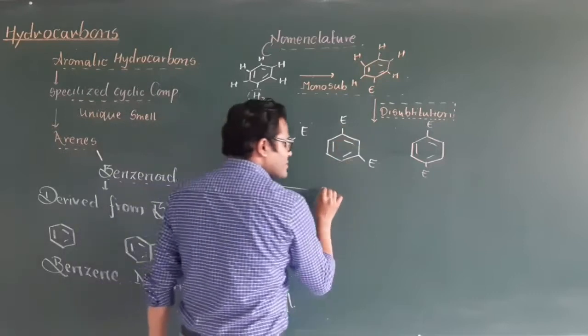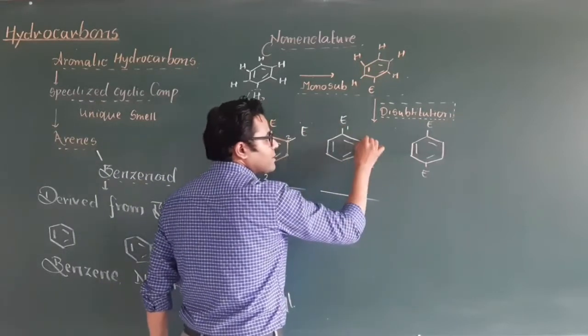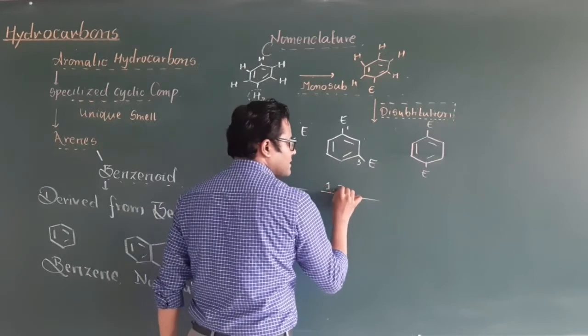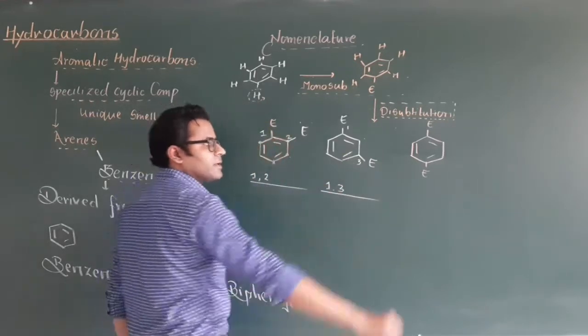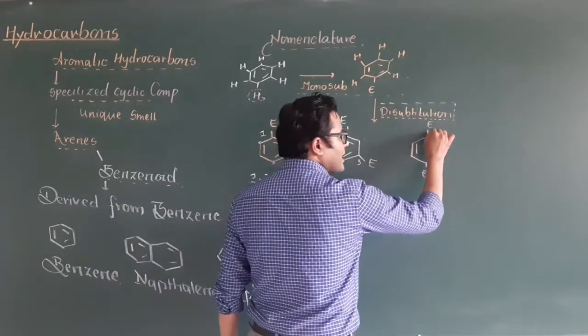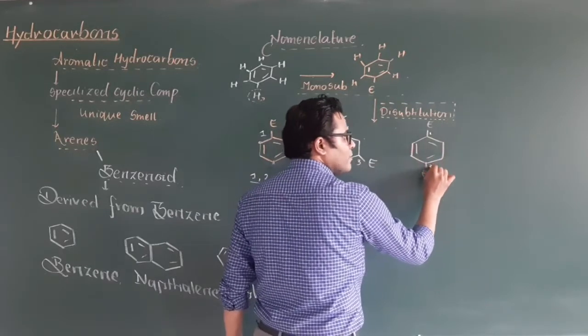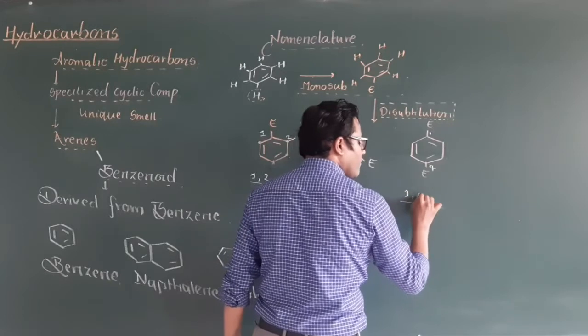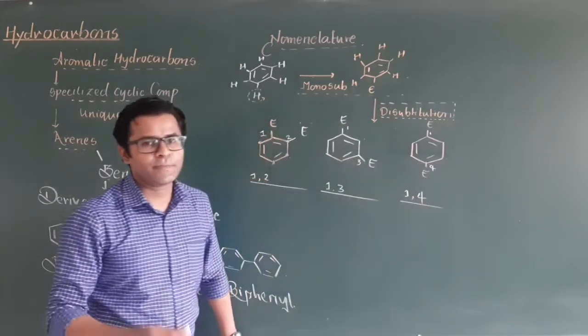This one is going to become 1, 2, 3, so it is going to be the 1,3 disubstituted product. Similarly, this one is 1, 2, 3, 4 at position 4. So this is going to be the 1,4 disubstituted product.